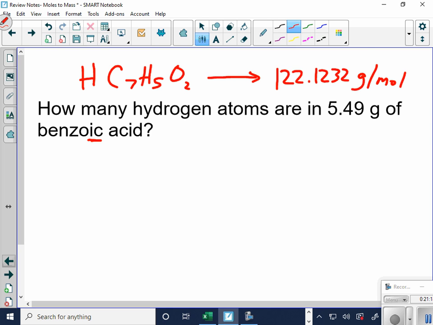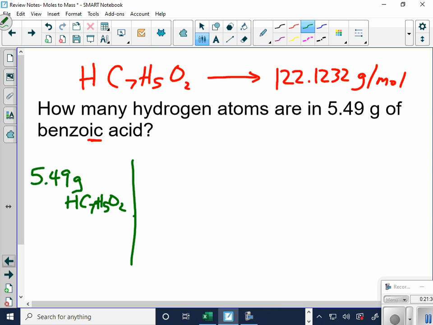So I'm going to start out with what has been given to me, the 5.49 grams of benzoic acid. I'm going to do my long conversion box. I don't know if I'm going to be able to fit all this on here, but I'm going to try.